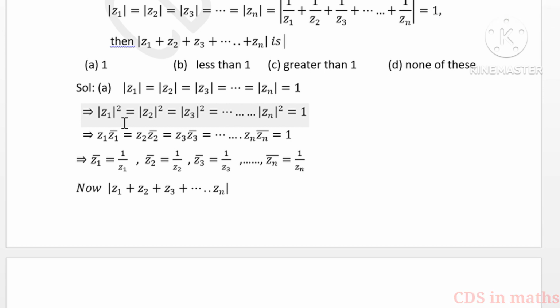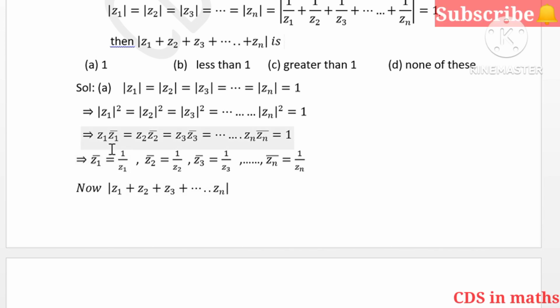So mod z1 square I can write as z1 z1 bar using that property. Similarly, with the same property, z2 z2 bar, and so on, each is equal to 1. Now z1 into z1 bar is 1, which means z1 bar is equal to 1 by z1.